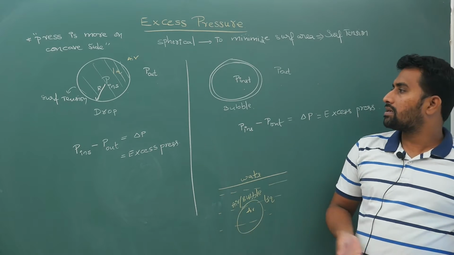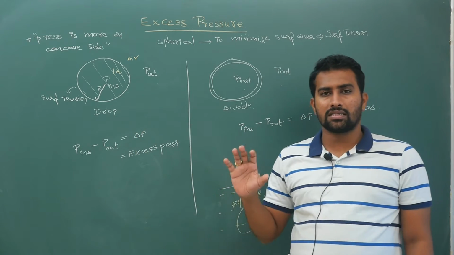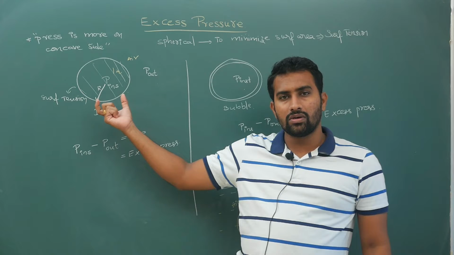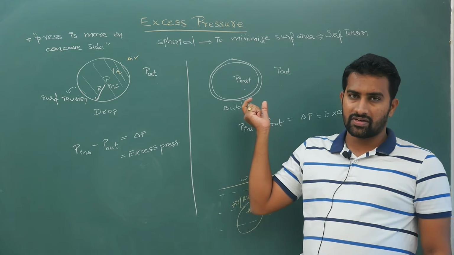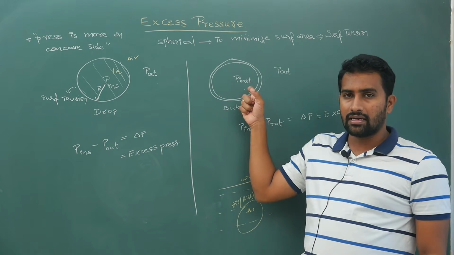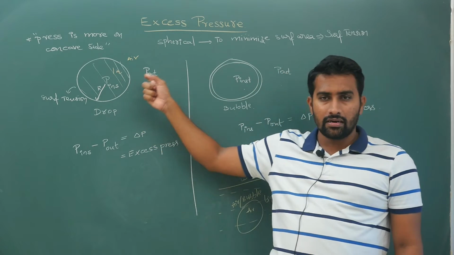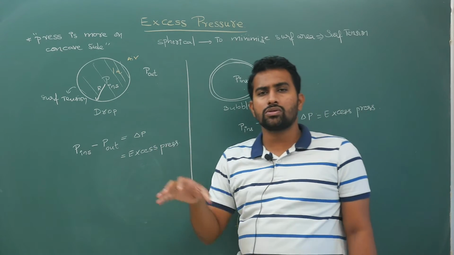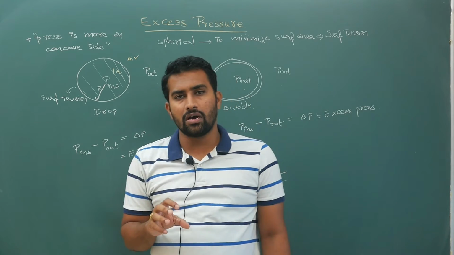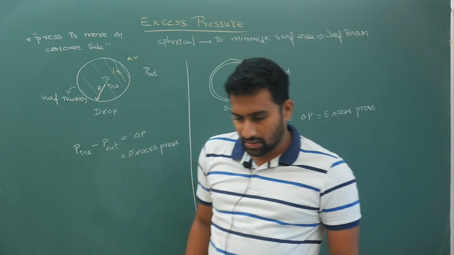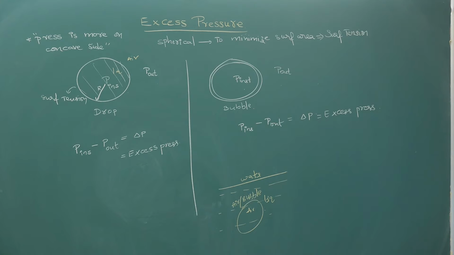So remember, just understand whether it is a 2-layer interface or a 3-layer interface. In a bubble there is air, liquid, air, and here liquid and air. Usually we use the word drop for a 2-layer interface, and for a 3-layer interface we use the word bubble, but it depends on the situation.